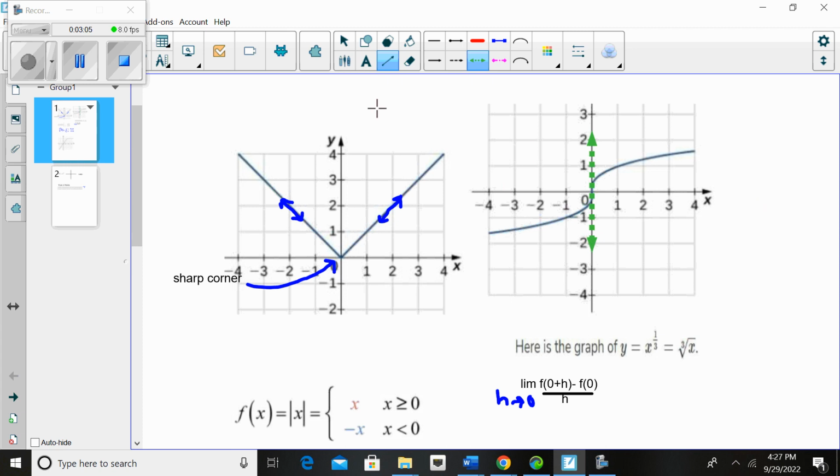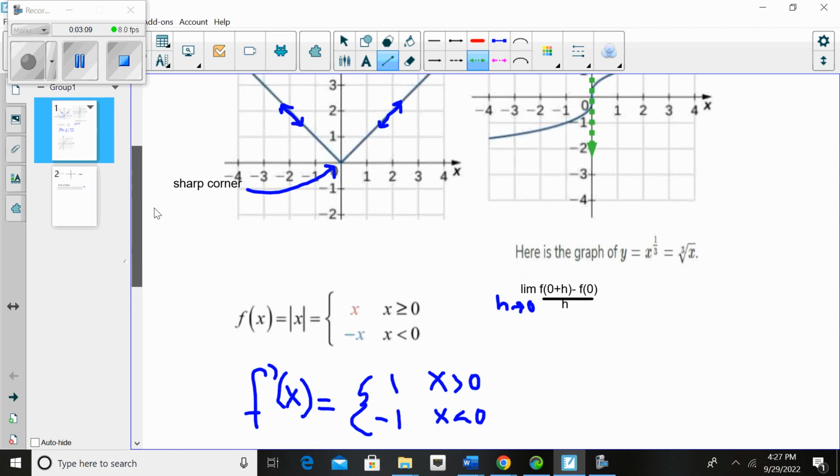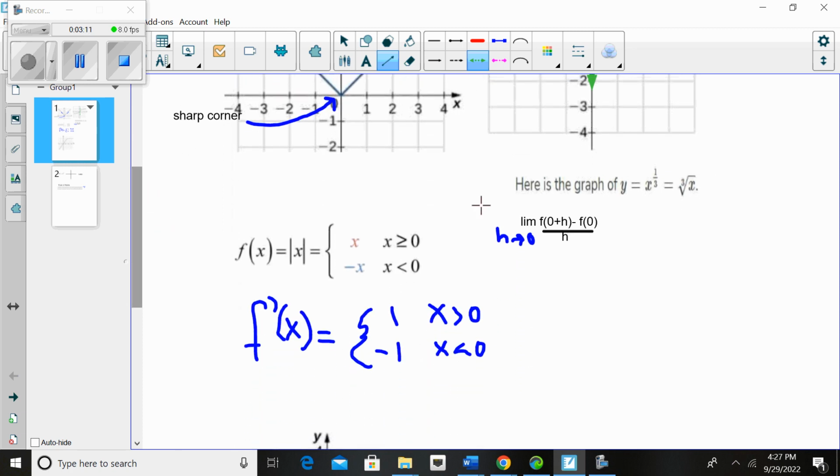And of course, we know a vertical line has an undefined slope. Okay, but if we went to our limit definition, which here it is, I'm saying that this is not differentiable at x equals 0. Everywhere else we're fine. Okay, everywhere other than 0. Same thing with this function. Everywhere other than 0, we can take the derivative.